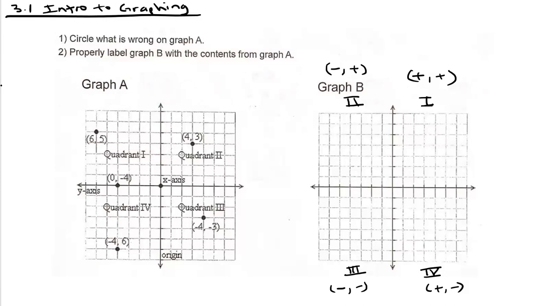All right, so let's talk about our axes here. Where's the x-axis? Is it horizontal or vertical? Horizontal, right? So this is our x-axis, so that means then our y-axis is here. Is the origin located here?